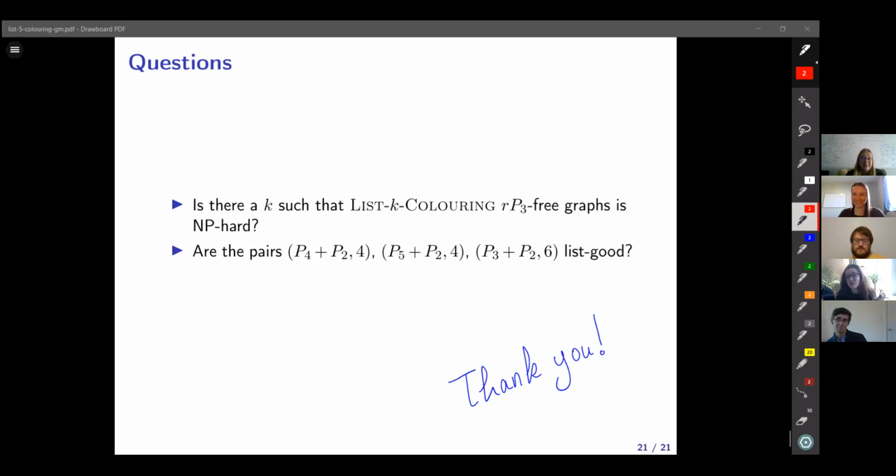I can't think of anything that would even be a halfway reasonable guess, and that's why I'm asking. I don't know. Maybe that's where 3 coloring PT-free graphs will go, but I hope not. Thanks.